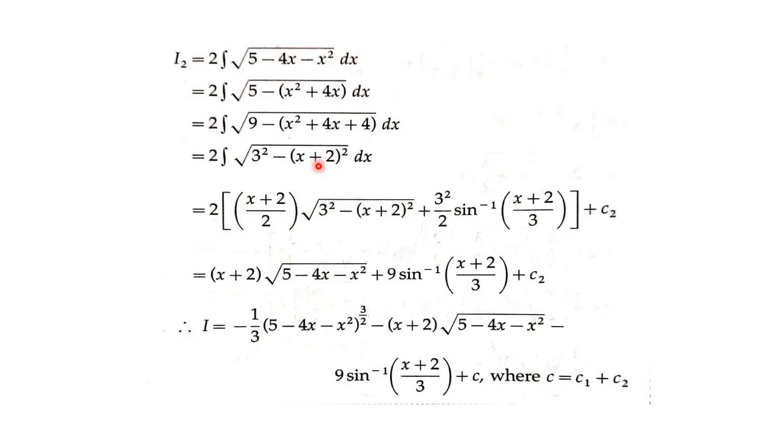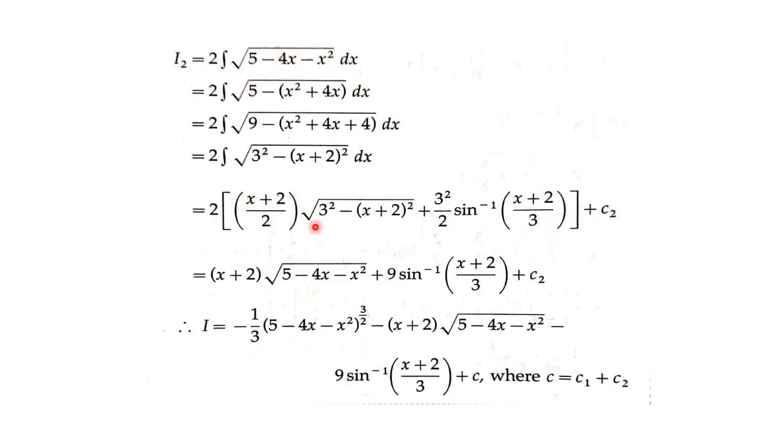And if you remember, I have told you, if such a form occurs, that is a square minus x square, then this is compared with the derivative of sine inverse of x substitution. So what is its integration? Its integration is x by 2, here your x is x plus 2, x by 2 into under root a square minus x square plus a square by 2 into sine inverse of x by a plus c.